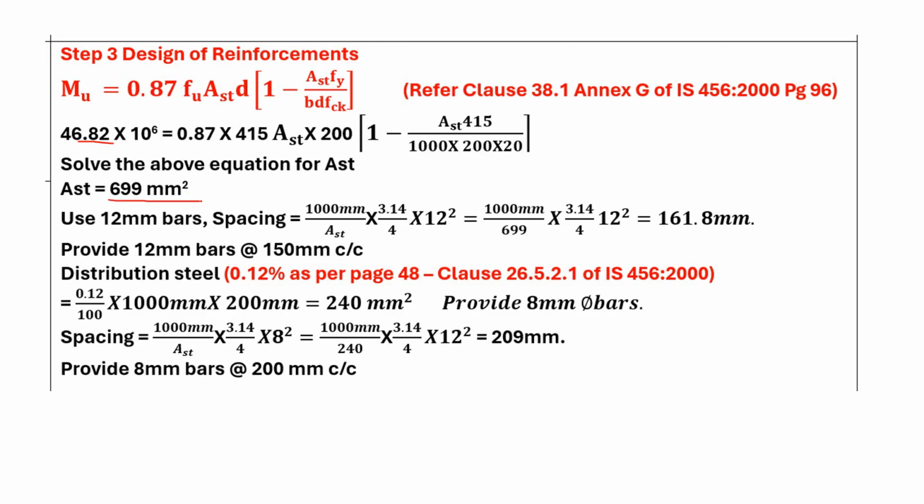Now how to calculate the spacing? Calculating the spacing is very simple. Whatever Ast you are getting, that is for 1 meter of the portion. So if you want the spacing of the 12 mm bars, we have to calculate here for Ast. The spacing is 1000 millimeters, that is 1 meter.